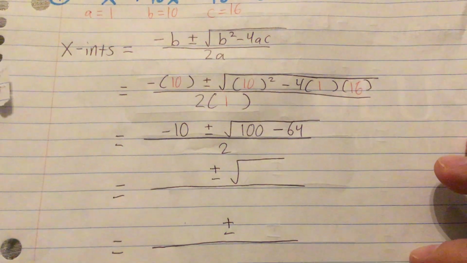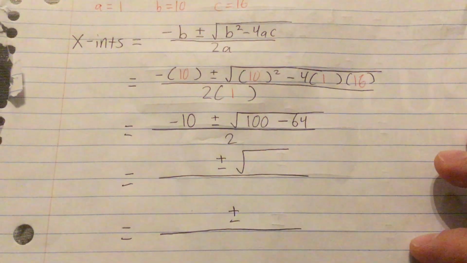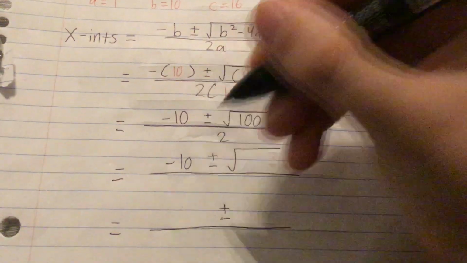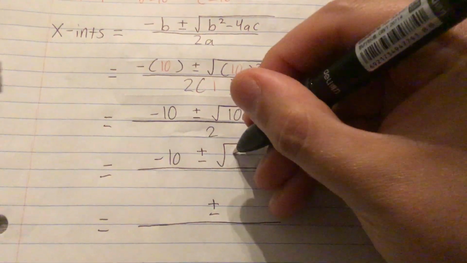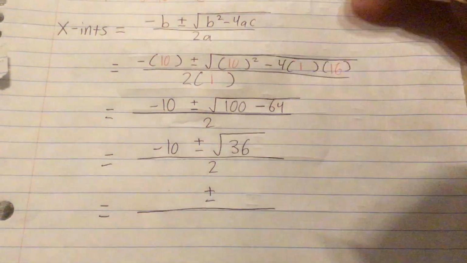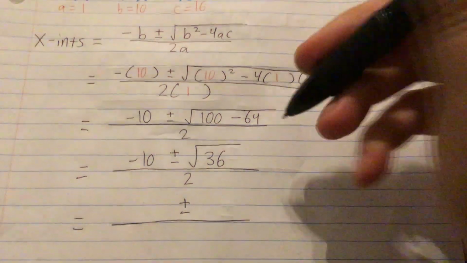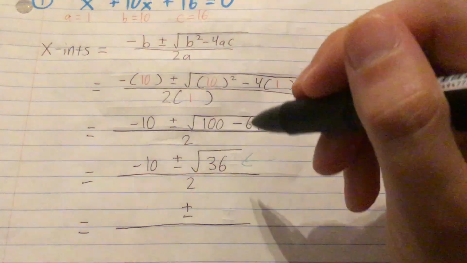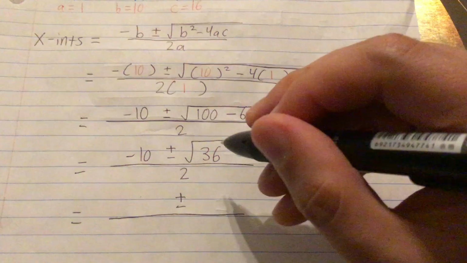Take a deep breath. I promise the more practice you get with the easy problems, the easier the harder problems will be. Okay, so now we've got negative 10 plus or minus the square root of 100 minus 64, that is 36, all that over 2 times 1, which is 2. Now, b squared minus 4ac has a value, in particular it's 36, a positive number.